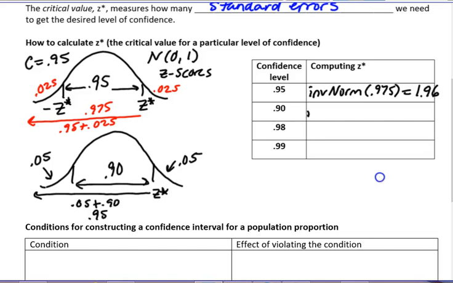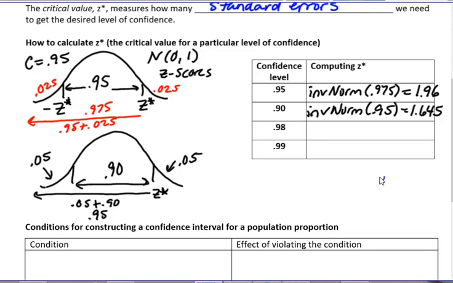So I would do inverse norm of 0.95, and that turns out to be 1.644 something that rounds up to 1.645. Usually we use 3 digits for this one because it's in between: 1.65 is a little too high, 1.64 is a little too low, so we do it like this.